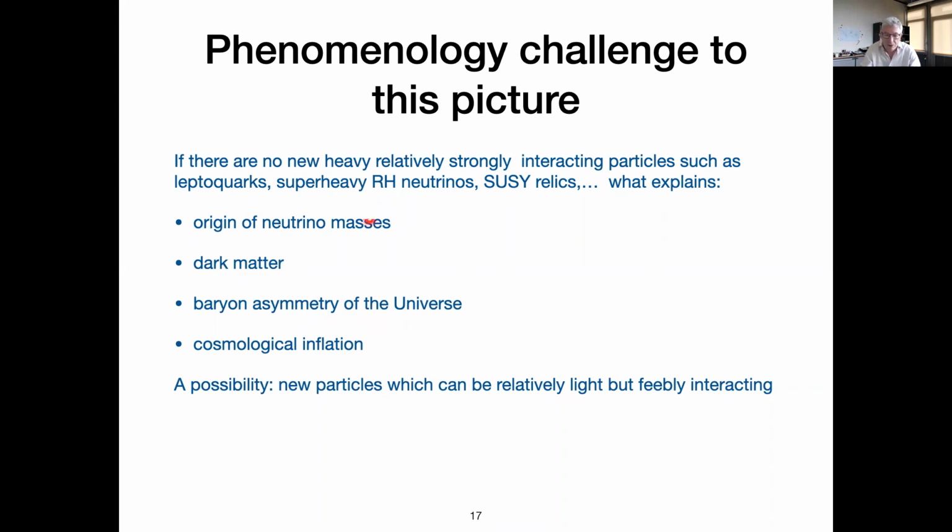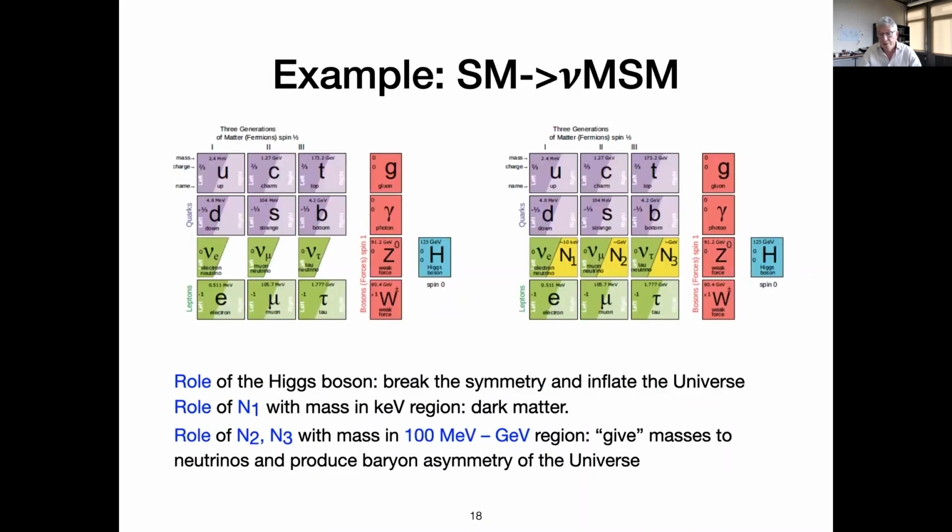How do we do without any new stuff? The answer is actually very simple. If you have new particles which are relatively light but feebly interacting, then you are not introducing any hierarchy problem, but you can solve all these challenges which the standard model faces. The simplest model which does all that for you is the standard model in which, in addition to left-handed neutrinos, right-handed neutrinos are introduced.